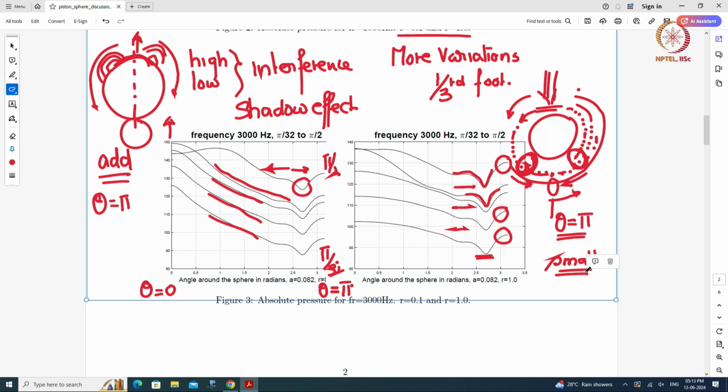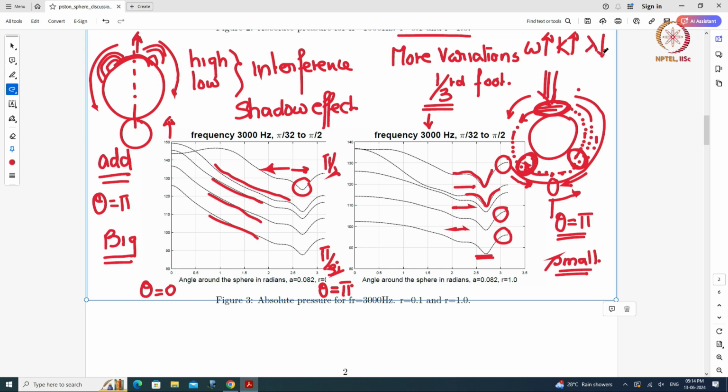Now another effect you will see is that whereas when the wavelength was big, lambda was big, a meter and so forth, the whole radiator was looking like a small region, whereas when the wavelength has become small as the frequency has gone up, as omega goes up, k goes up and lambda goes down, that's the way it happens.